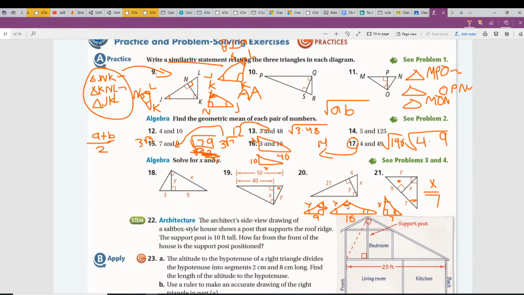So x divided by 7, because it corresponds with that, is equal to 9 divided by x. Is that right?